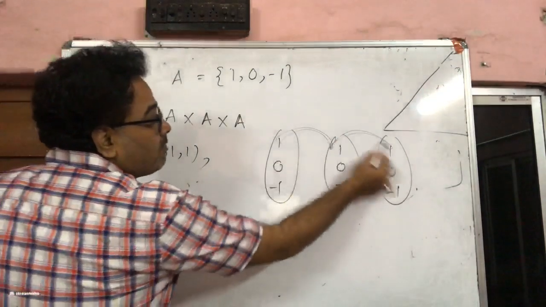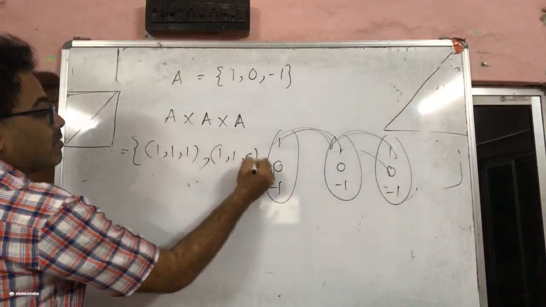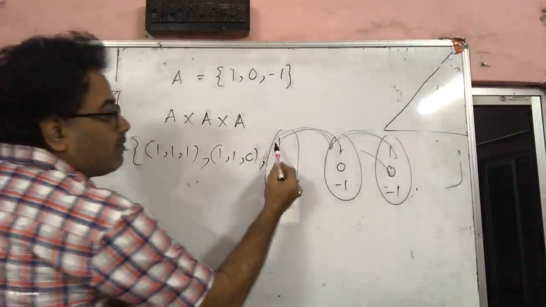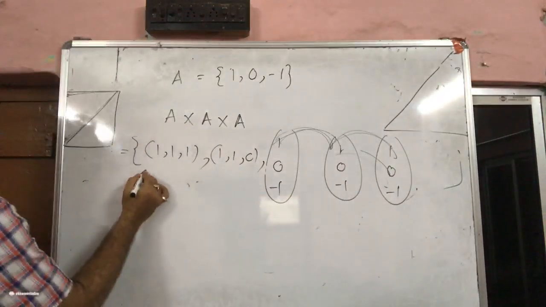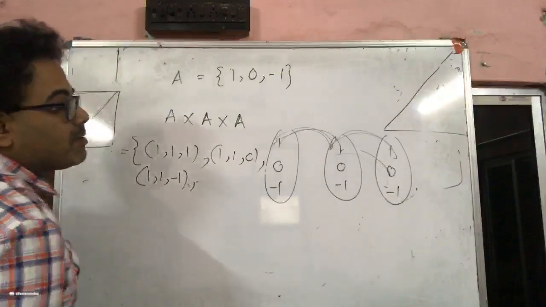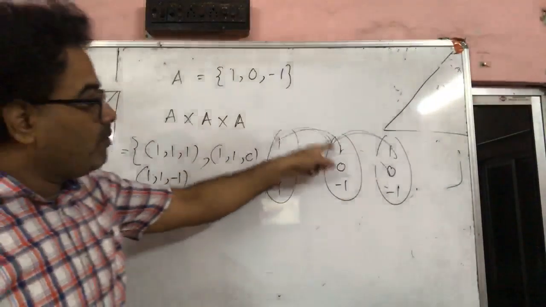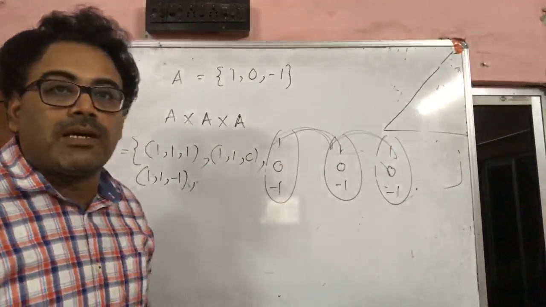Then 1 1 1, then 1 1 0, then 1 1 minus 1. Okay, so 1 1 and all the things are completed.